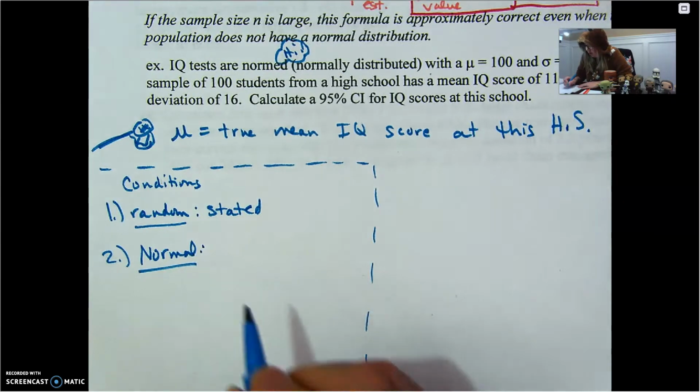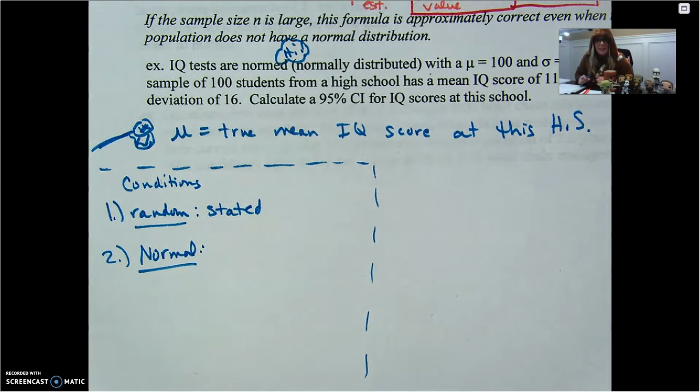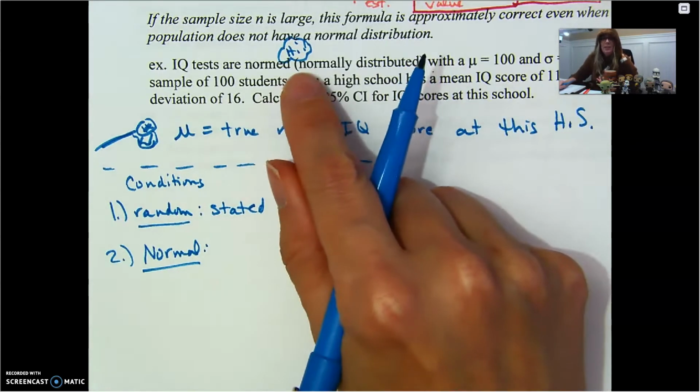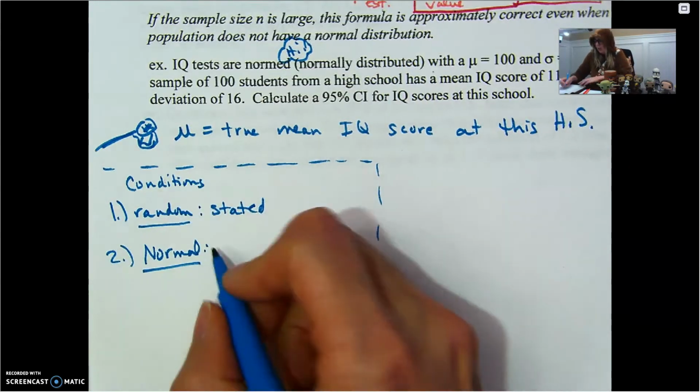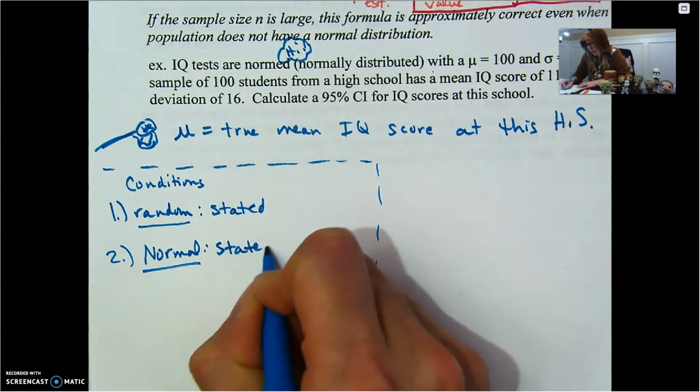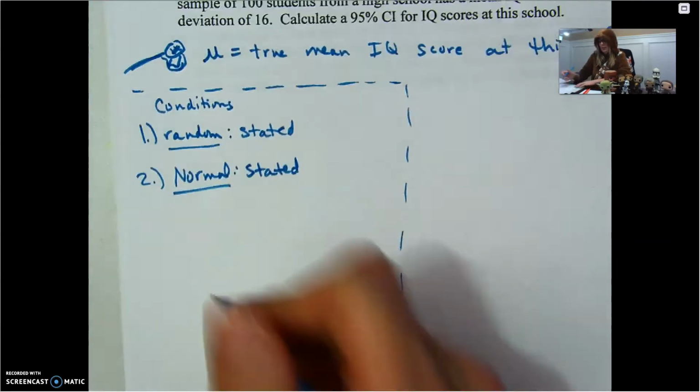So normal for means, it's not that proportion where it has to be greater than or equal to 10. This time it's central limit theorem where your sample size is at least 30, or the problem could say it's normal, which is exactly what it did here. It said, hi, I'm normal. So normal is stated.